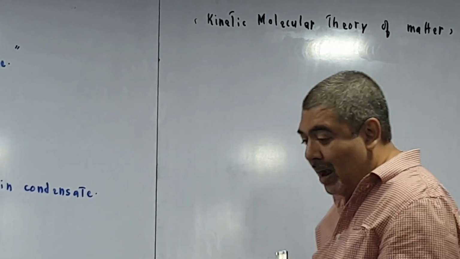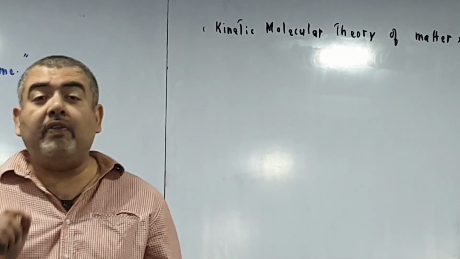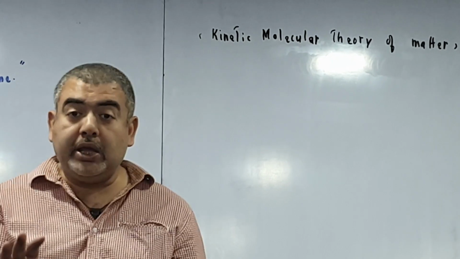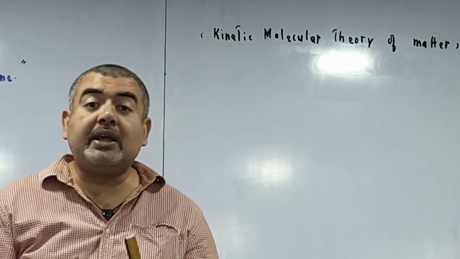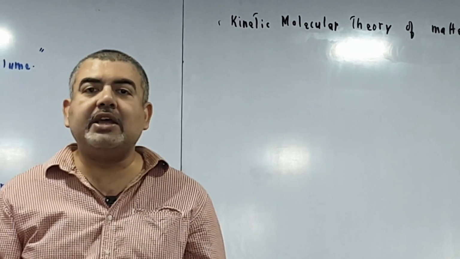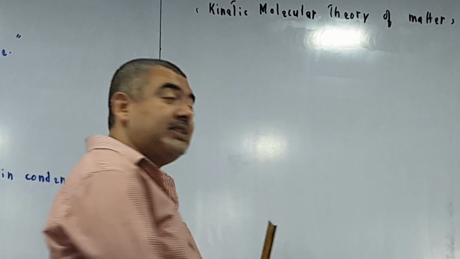Kinetic molecular theory, if we write it, what will we write? That matter is composed of tiny particles called molecules, and most importantly, these molecules are in continuous random motion. They are in continuous random motion. Hence they possess what? Kinetic energy. That's why this is called what? Kinetic molecular theory. So let's write its statement.